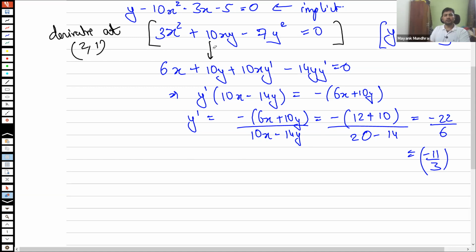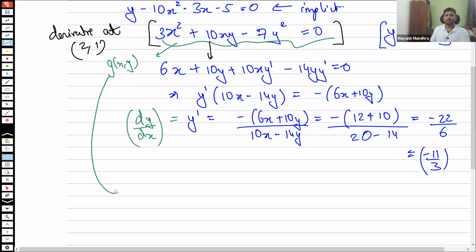So this is the value of y prime, which is basically dy by dx. Okay, let us say that this function is g of x, y. Now, what I've basically done is that I found dy by dx.